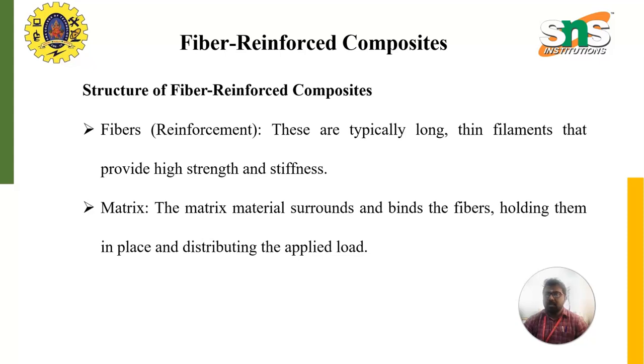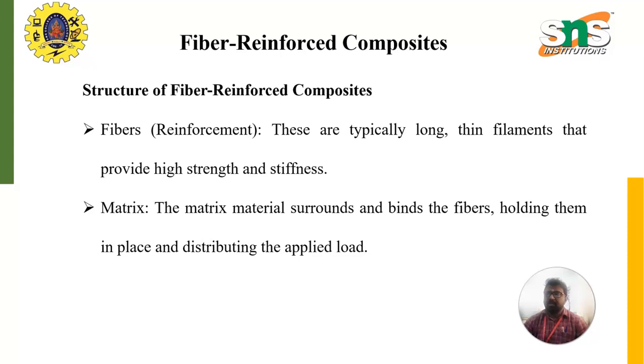Here we have two parts in the structure of fiber reinforced composites. The first one is the fiber and the second one is the matrix. The fibers are typically long, thin filaments that provide high strength and stiffness.